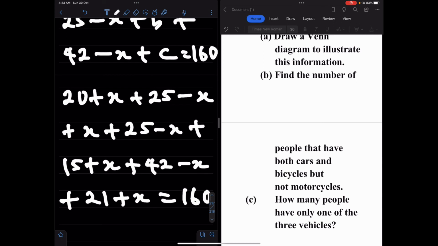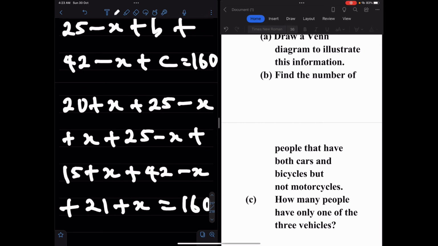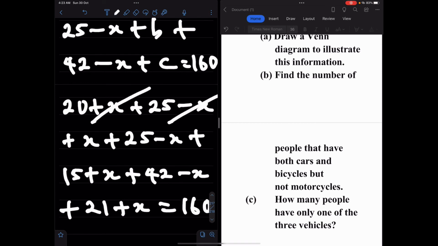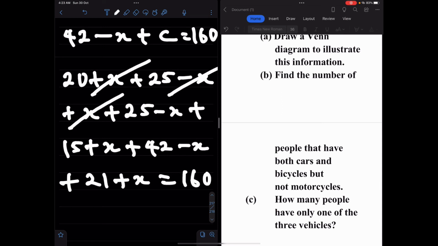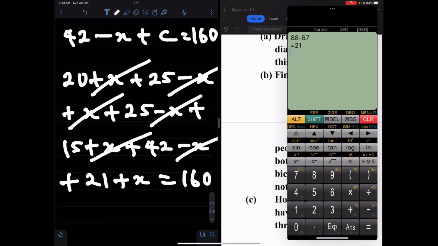Now we can start cancelling out the ones that will cancel out. X minus x is 0, plus x minus x is 0, plus x minus x is 0. Now the numbers, let's add the numbers. That will be 20 plus 25 plus another 25 plus 15 plus 42 plus 21.